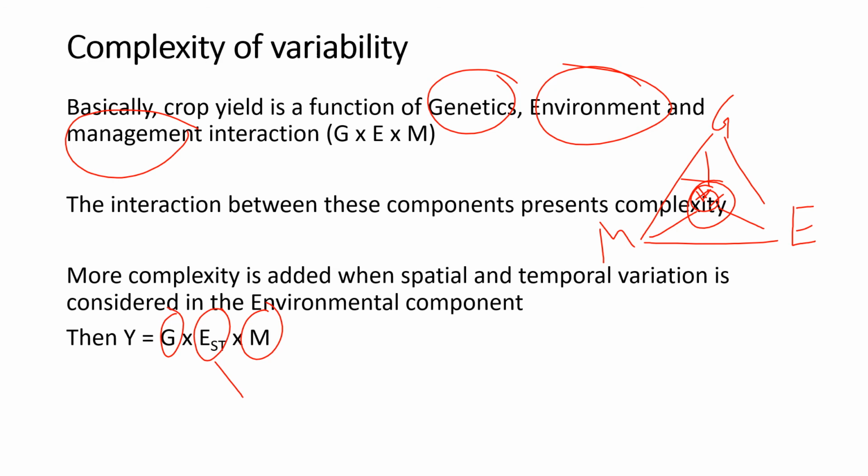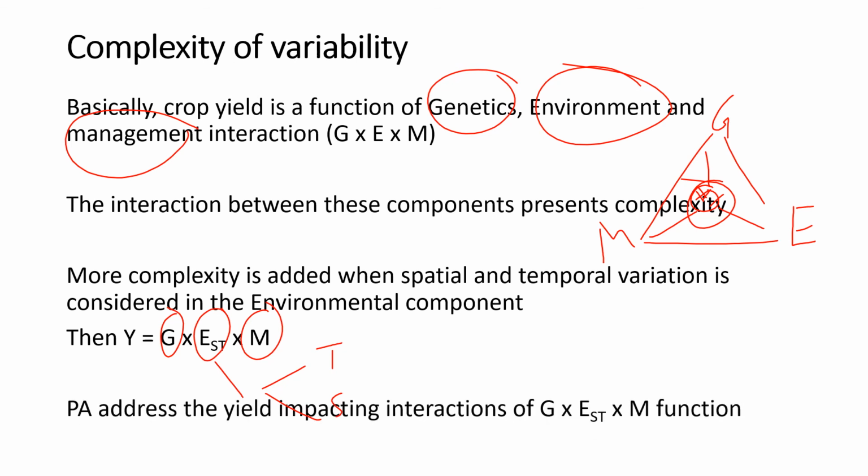But under environment, we have the temporal and spatial variability. So the function becomes complex indeed when we consider spatial and temporal components. So we say that precision ag should address the yield impacting interactions of G by E by M.